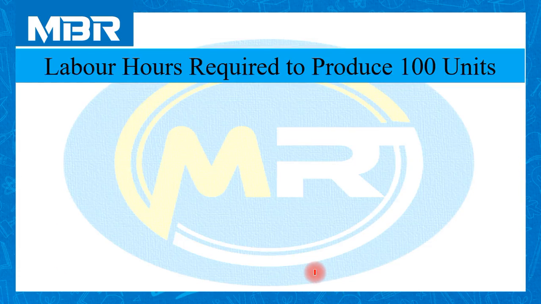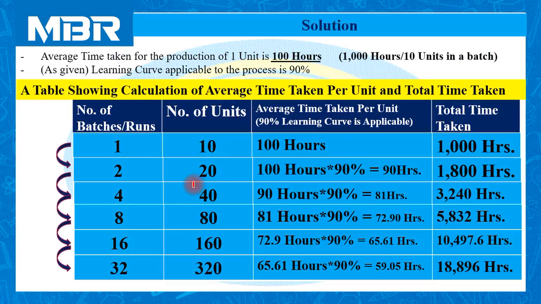Labor hours required to produce 100 units. As per the question, we need to calculate cost per unit for 40 units. It is ready-made given to us over here. 80 units, it is also ready-made given to us over here. And the third level is 100 units.